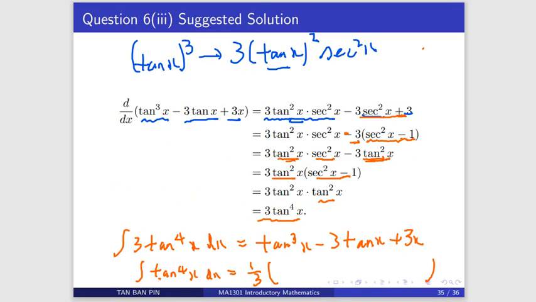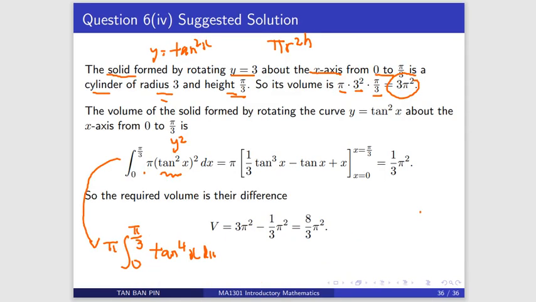The integral of tan to the power 4 x dx is 1/3 of tan cube x minus 3 tan x plus 3x. That's what we observed earlier. So it's 1/3 tan cube x minus tan x plus x. Sub in x as pi over 3 and 0. After you simplify it, you get pi squared over 3. And then you just subtract the two answers. It will give you the final answer, 8 over 3 pi squared.